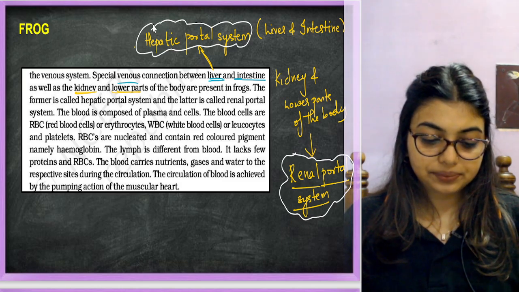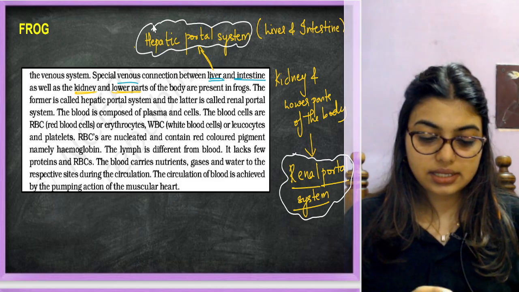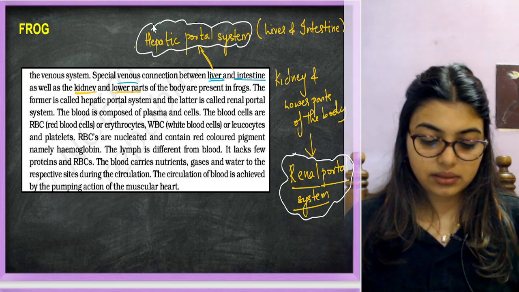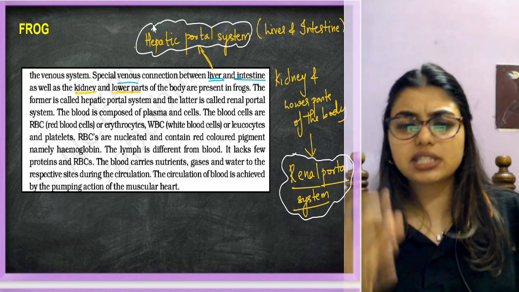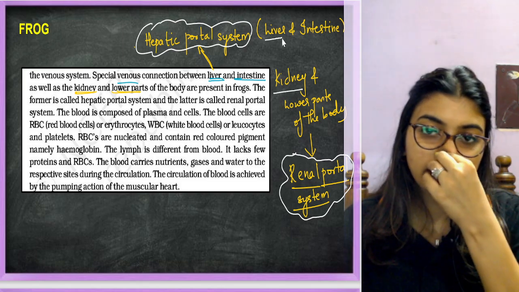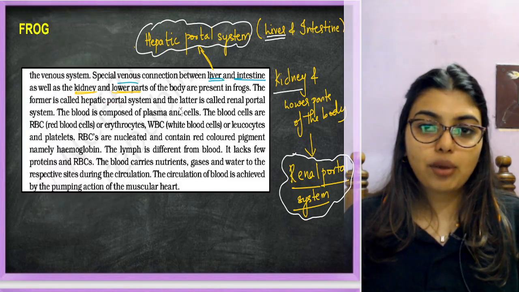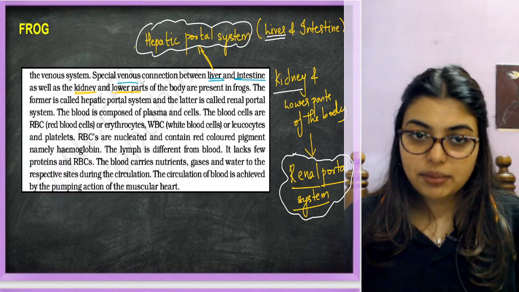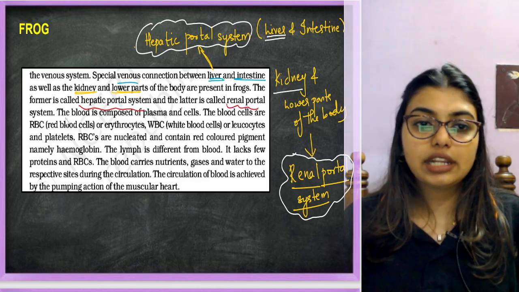Yes or no? Okay. Remember this way: anything connected to kidney will be called renal, anything connected to liver will be called hepatic. Look here, the former, the first one, is called the hepatic portal system. The latter is called the renal portal system.